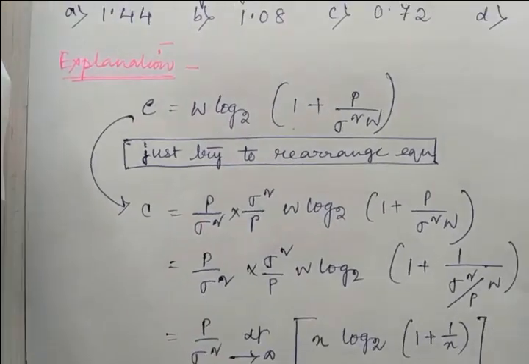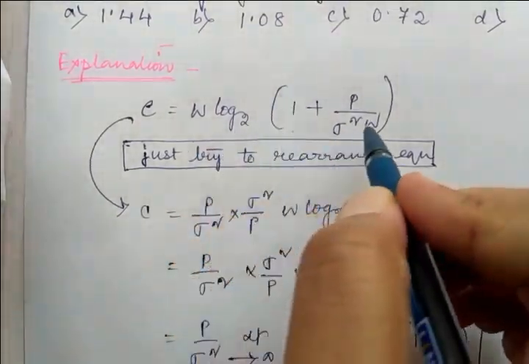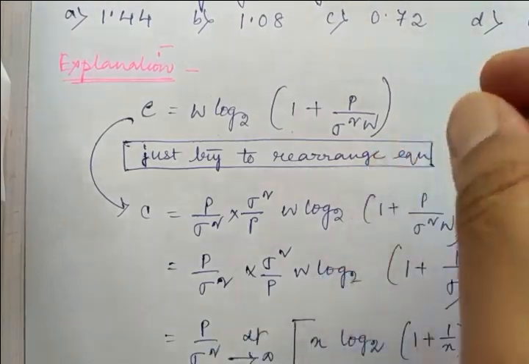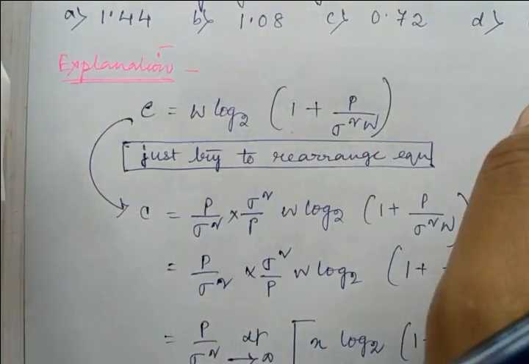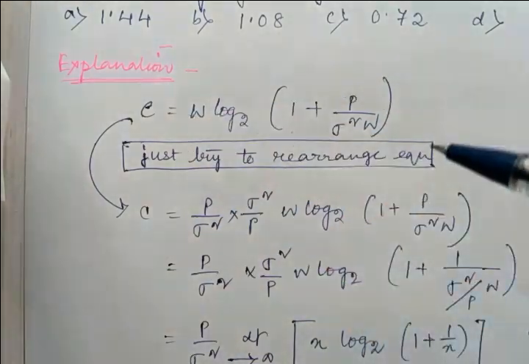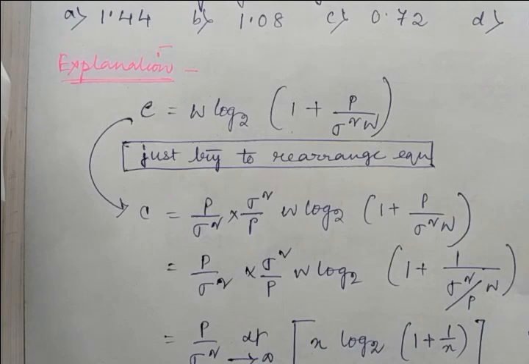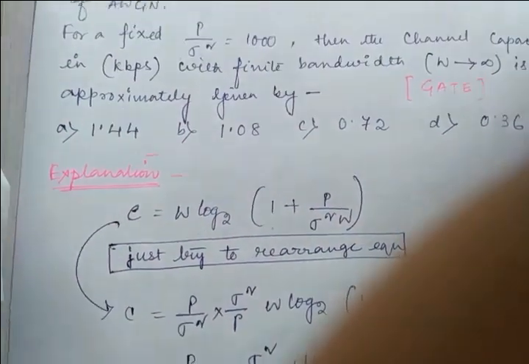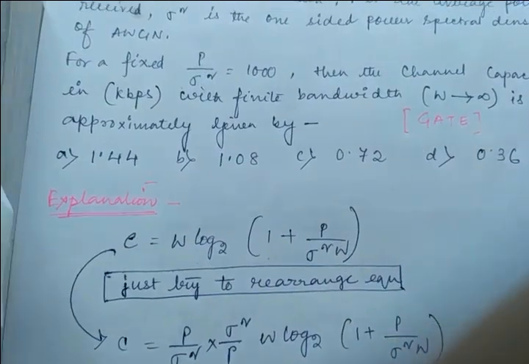From the given formula, C equals W log 2 (1 plus P by sigma square W). W is the channel bandwidth, P is the average power, all are given, but you have to decide the value of C, because this includes more than one unknown parameter, but you have to generalize it into one thing. So how can you do that? Please see, the clue is given in the question, that is P by sigma square equal to 1000.